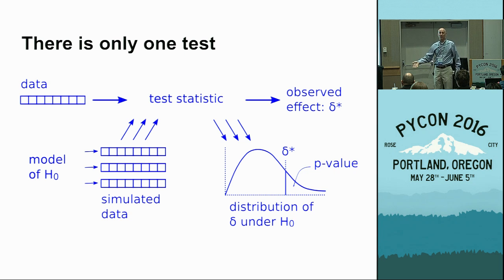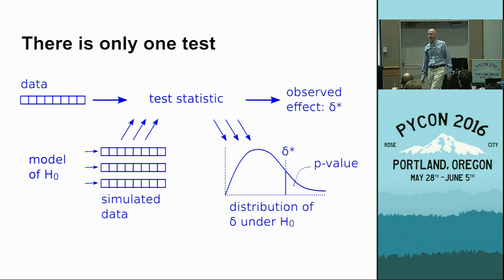This should be sounding familiar. This is very much like the simulated experiments we did for generating confidence intervals. The only difference is that I'm generating a test statistic, and now at the end, I'm going to draw a vertical line at delta star, which is the actual observed difference, and compute the area under the curve there, which is the probability that the observed measurement would exceed delta star under the null hypothesis.